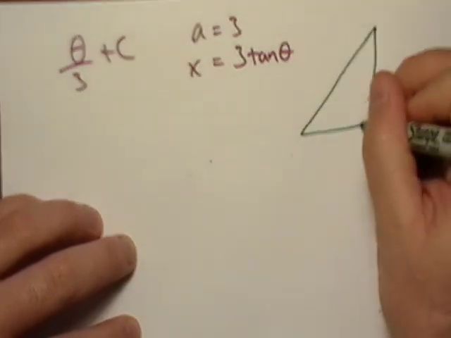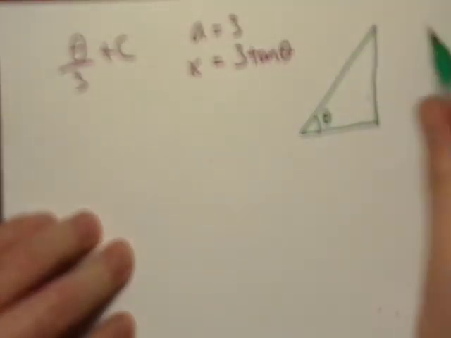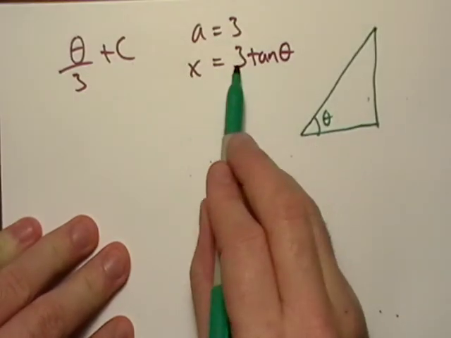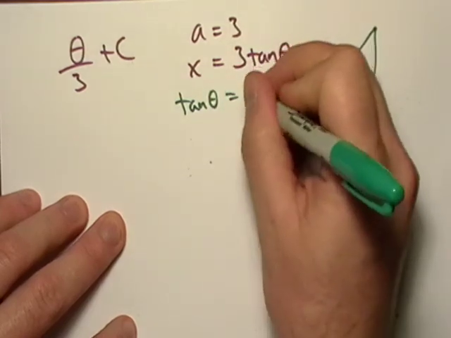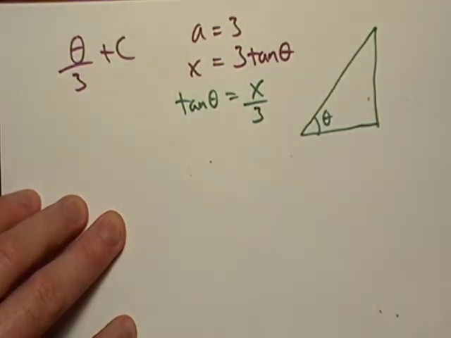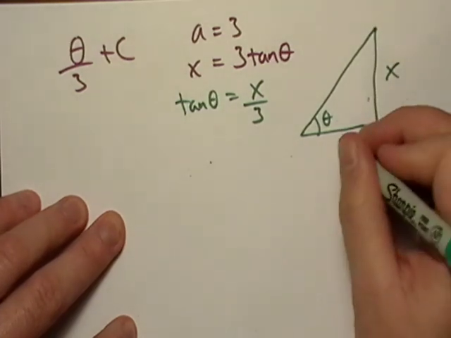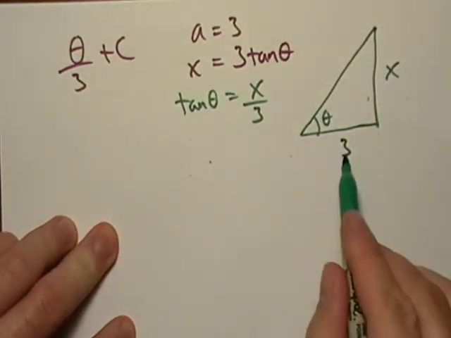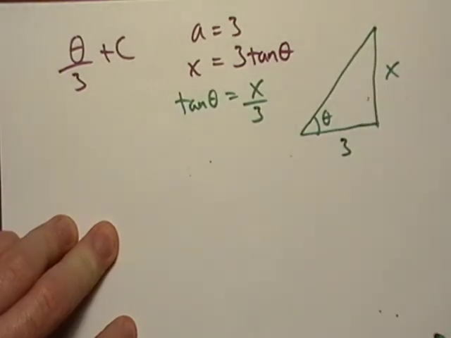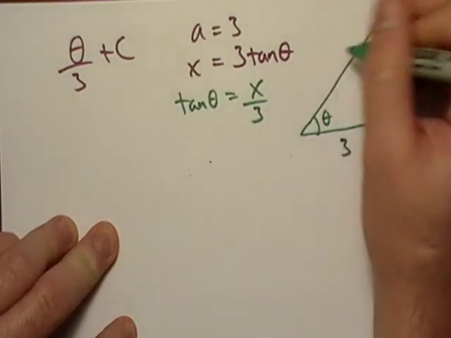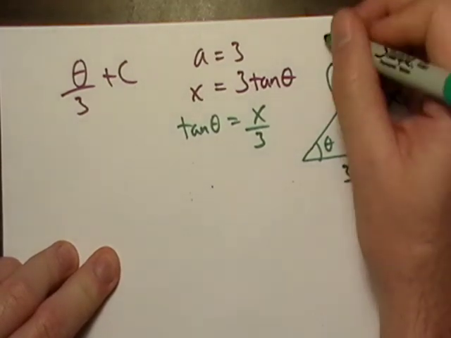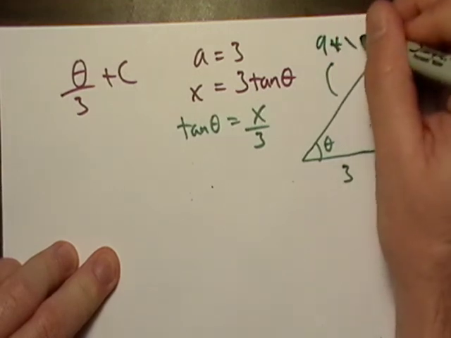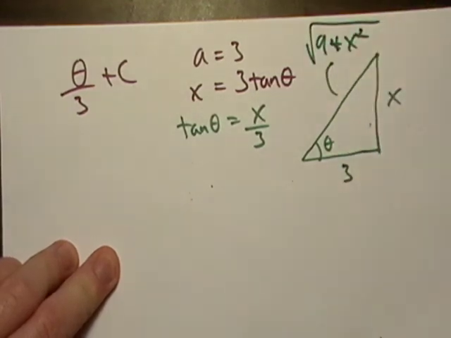And we're going to draw a triangle. So if x is equal to 3 tangent theta, then tangent is equal to x over 3, right? So that means opposite over adjacent. Now a squared plus b squared equals c squared, so the hypotenuse is going to be the square root of 9 plus x squared. That's kind of sloppy, maybe I'll write it over here.